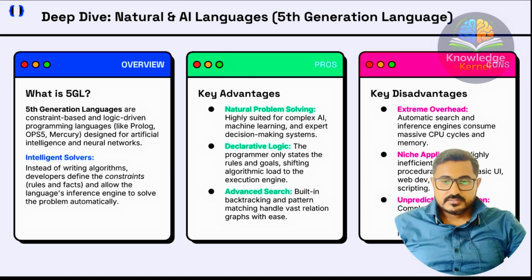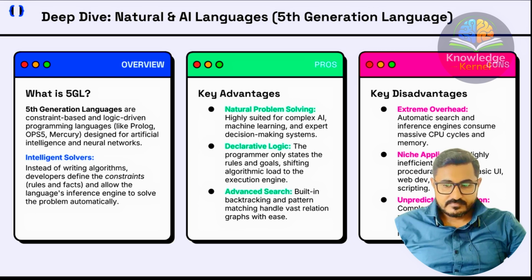Here, the logic-based paradigm brings three distinct advantages to complex computing. One is natural problem solving. The fifth generation languages are highly suited for artificial intelligence, machine learning, and expert decision-making systems where problems are too complex for traditional step-by-step logic.